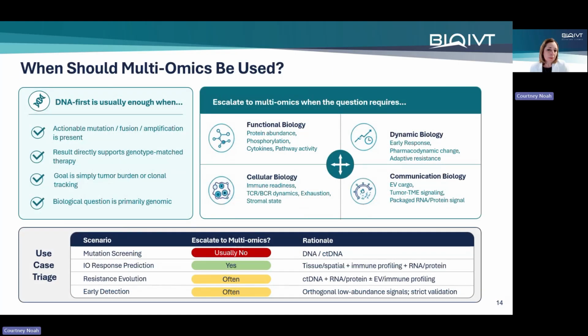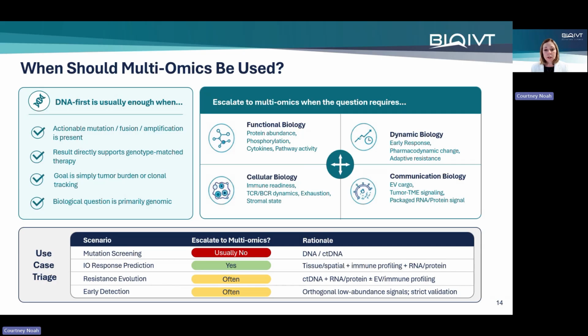So when is multi-omics actually necessary? This slide hopefully provides you with a guide to think about that, perhaps not all the answers, but a framework to consider. The answer is that multi-omics should not be the default. It's certainly a helpful tool, but its value depends on the biological question that you're trying to answer.